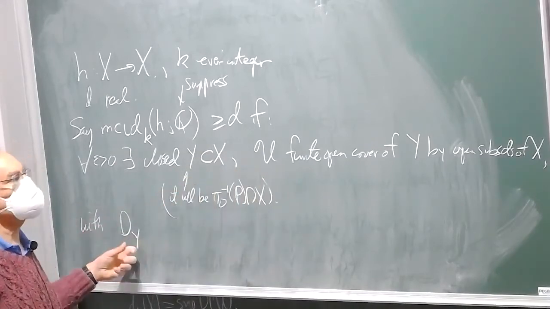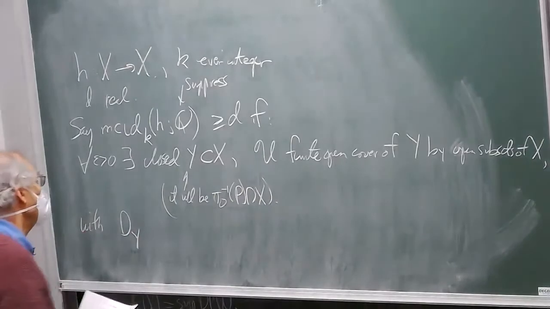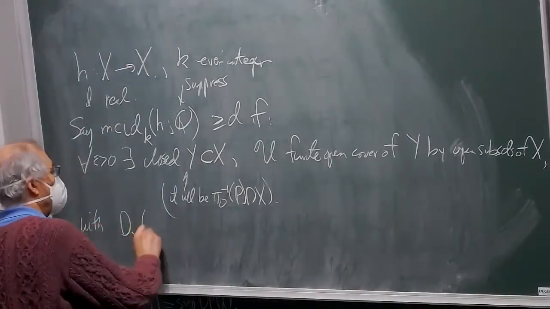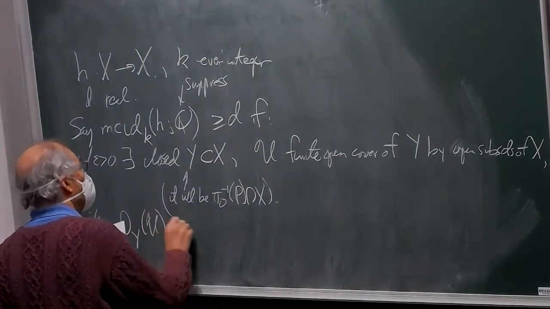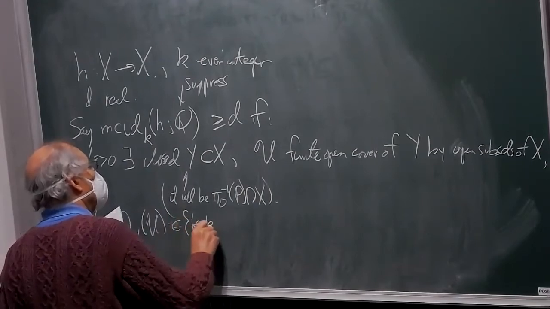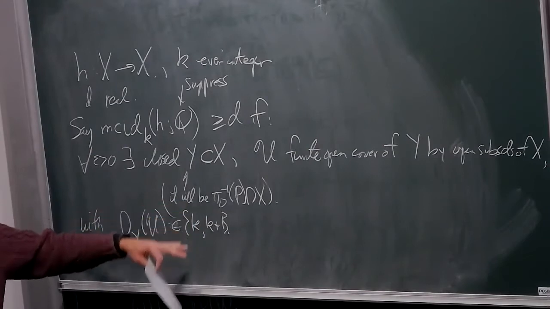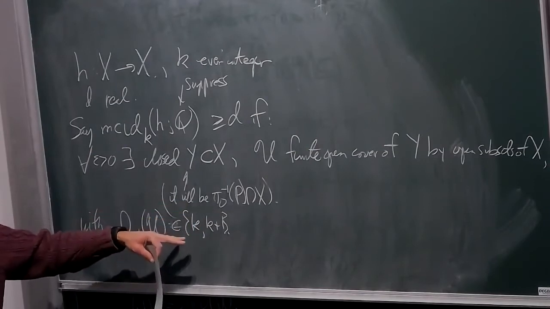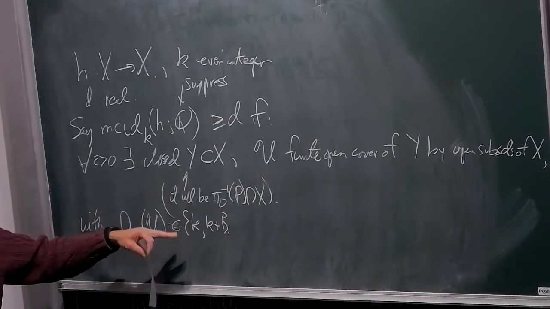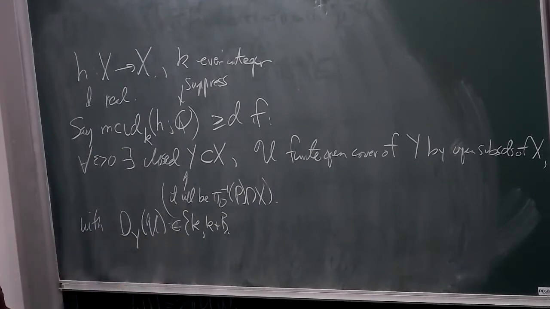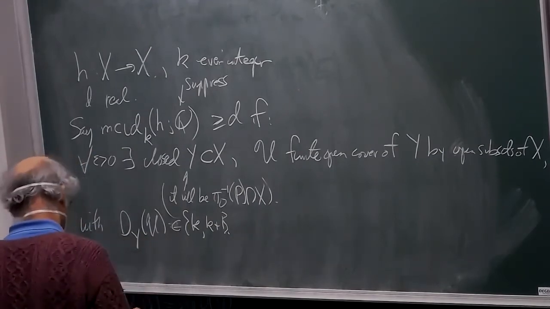I take this capital D of it, and that's what I mean by D sub Y is in K and K plus 1. K plus 2 allows interference of different values of different Chern classes. That has to be avoided for technical reasons.